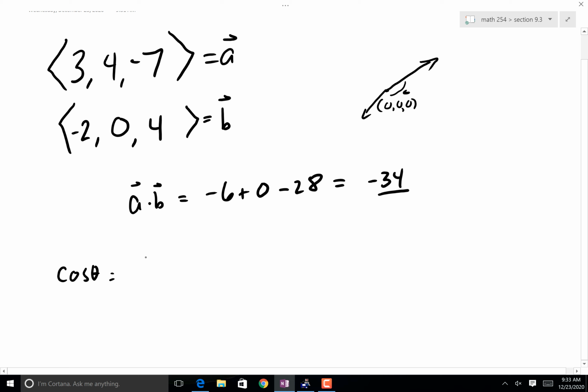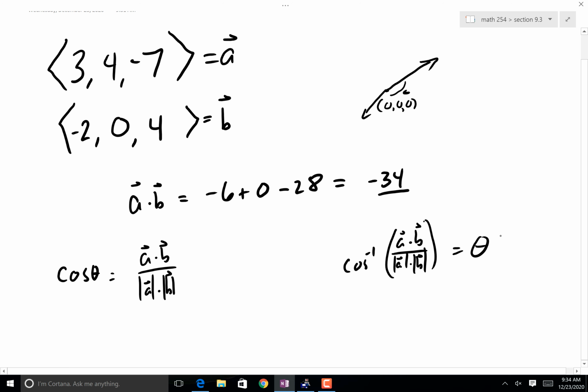Which then begs the question: the cosine of theta is equal to A dot B over magnitude A times magnitude B. Of course, that bottom is a scalar as well, because those are just magnitudes, how long they are. But remember, what you're going to end up doing is taking the inverse cosine of this thing, and you're going to be finding theta.